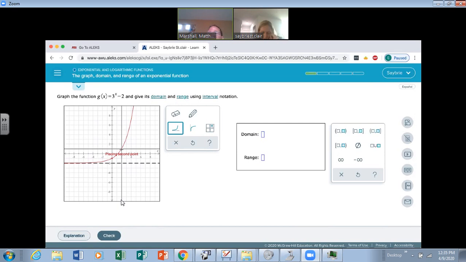That's where it's intersecting right there, second point. There you go. And then your domain, you got -infinity to +infinity. And then range, that looks like -2 rounded to +infinity.